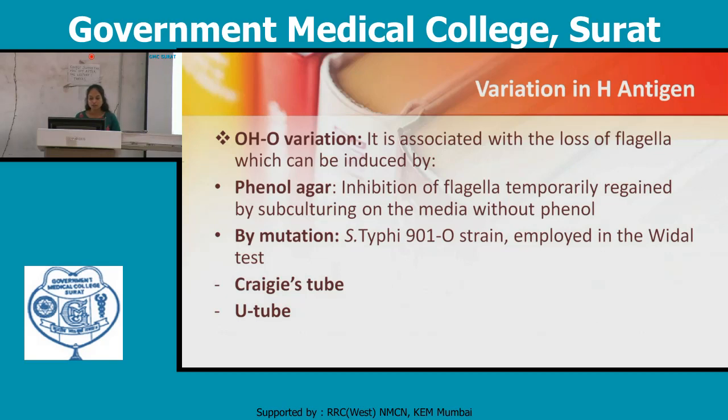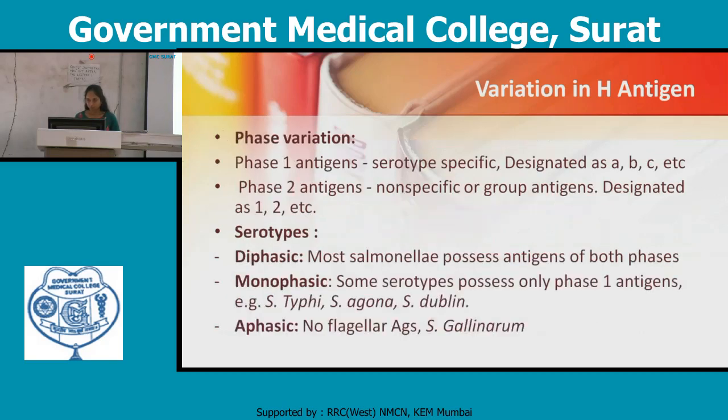Now phase variation. Phase 1 antigen is serotype specific, designated as a, b, c, etc. Phase 2 antigen is non-specific or group antigen, designated as 1, 2, etc. In terms of serotypes, there are diphasic, monophasic and aphasic.